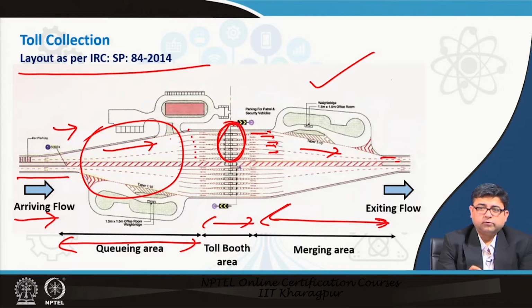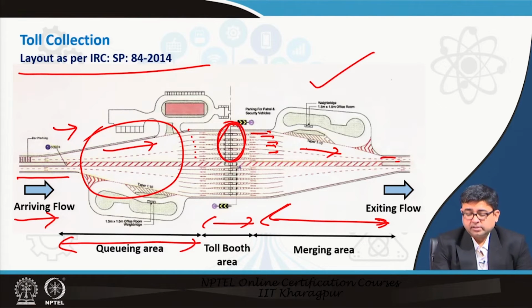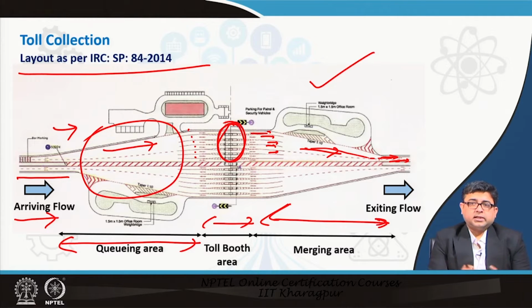So, they slow down, look for the lane that has the least queue, and then select that lane, and once they are merging back in, they have to be very careful that there are 2 or 3 other vehicles that are coming out of these lanes. So, they should not meet with an accident. So, hence they slowly merge back into the 2 existing lanes. So, all of this put together creates a lot of delay.